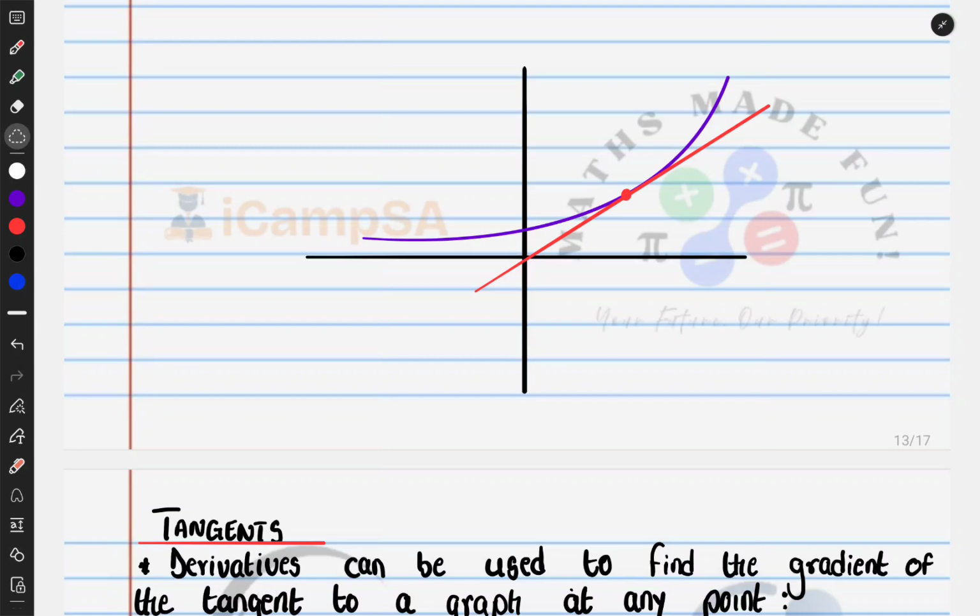So the gradient of the curve at that point and the gradient of the tangent will be the same.